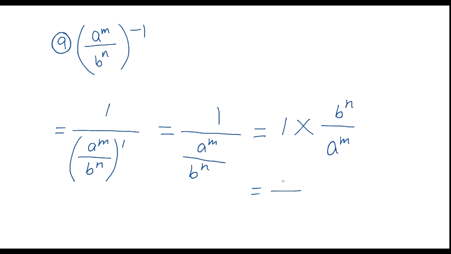So now we have b to the power n, a to the power m. So when we have this inverse 1, negative 1 as a power with a fraction, we just flip the fraction. So it will become b to the power n, a to the power m. Simple like this. Just flip.